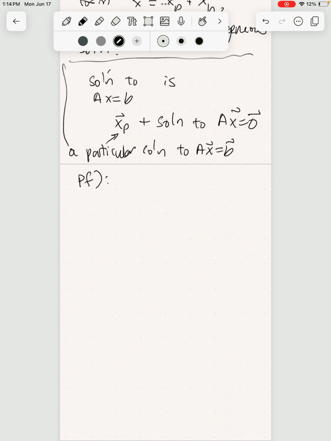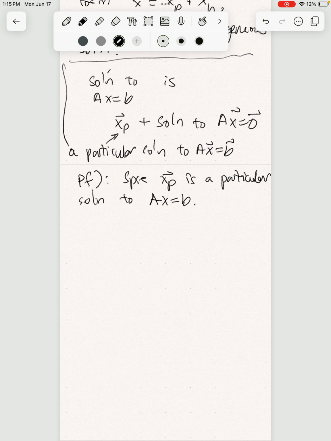So first of all, let's check that whenever you have a vector of this form, so suppose that xp is a particular solution to Ax equals b, when you add a homogeneous solution, you don't actually change the fact that you have a solution to Ax equals b.